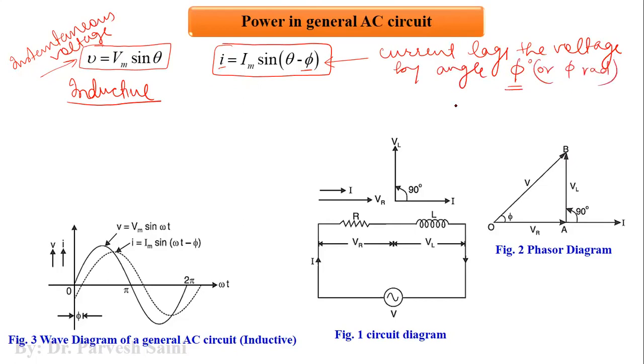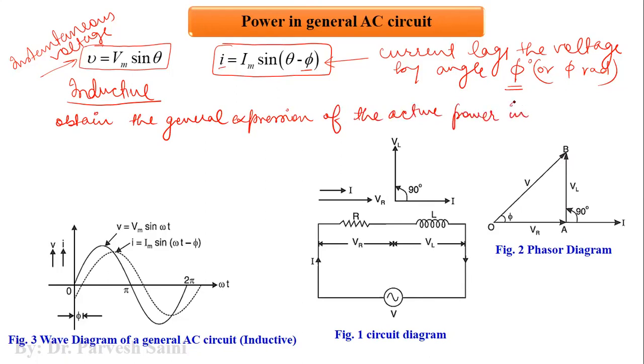Now, the purpose of this lecture is to obtain the general expression of the active power in AC circuits. Prior to this lecture, we have seen the power in pure AC circuits, such as a pure resistive circuit, pure capacitive circuit, and pure inductive circuit.